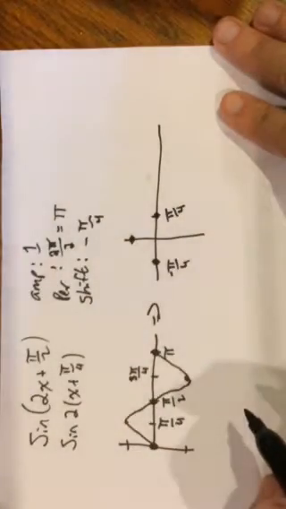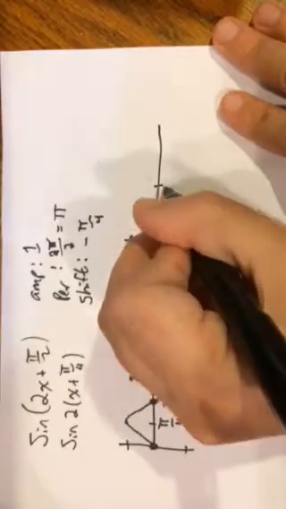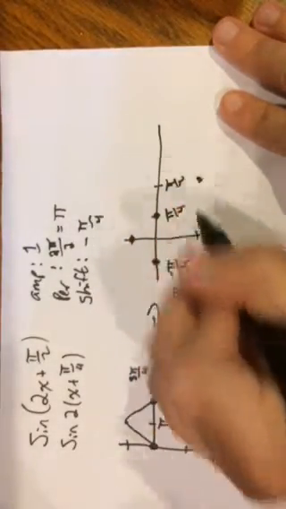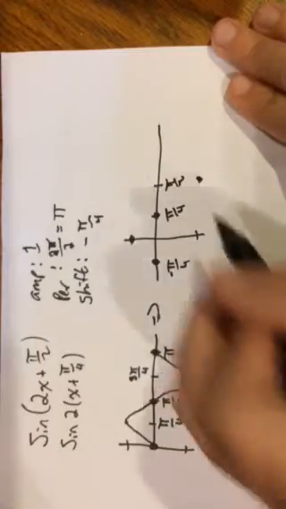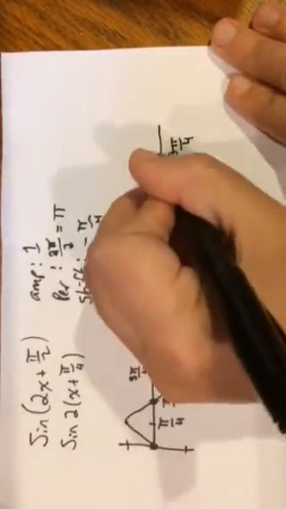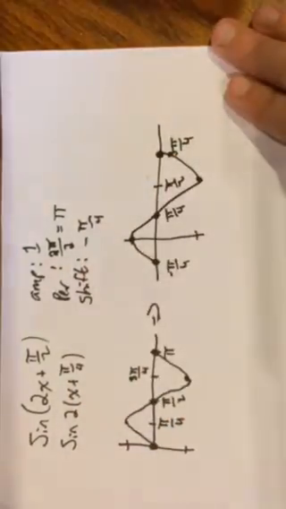Pi over 2 minus pi over 4 gives me a positive pi over 4. It's going to hit the lowest at pi over 2. That's when it'll be down to here. And at 3 pi over 4 is where it's going to end. So that's where it's going to hit 0 again. So my shifted graph should look like that. Okay.